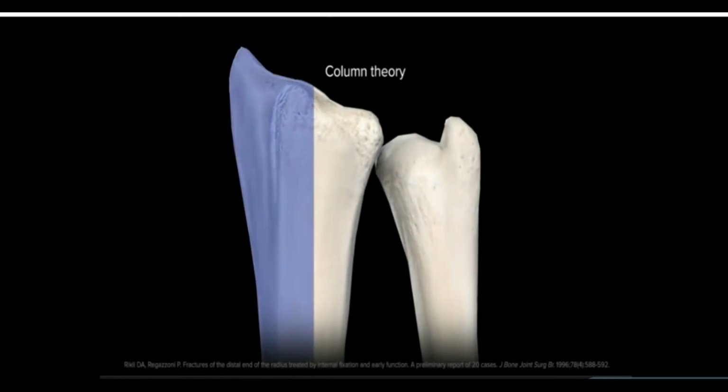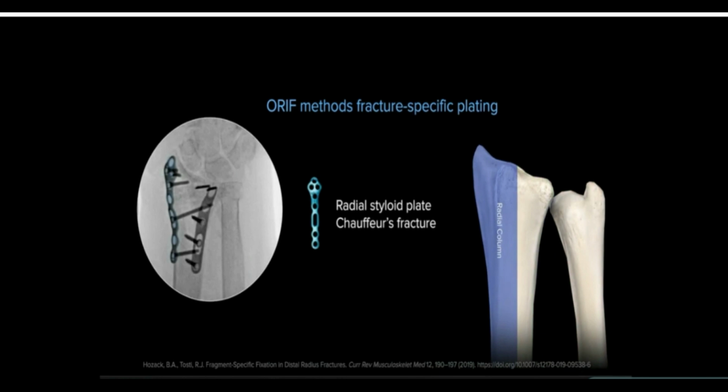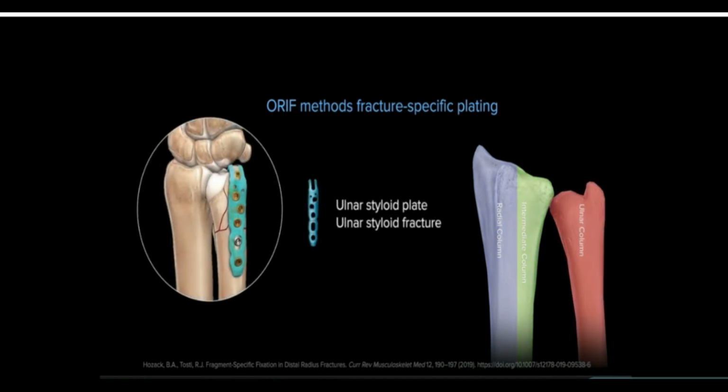The three-column model of the distal forearm described by Rikli and Regazzoni is a simple concept that aids to understanding some typical features of distal radius fractures and assists in planning internal fixation. There are plates specific for the different columns of the distal wrist. The radial styloid plate is used on the radial column, the volar hook plate on the intermediate column, and the ulnar styloid on the ulnar column.